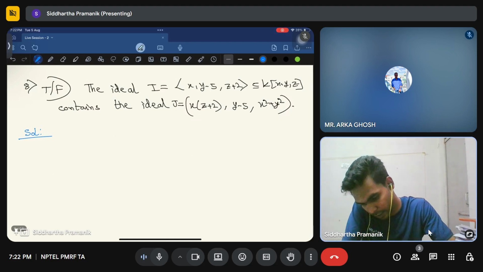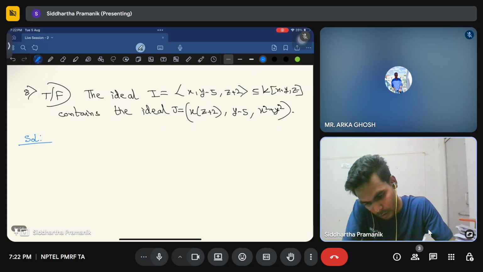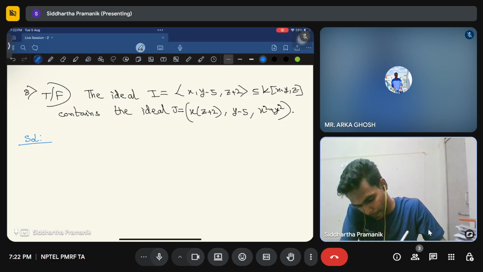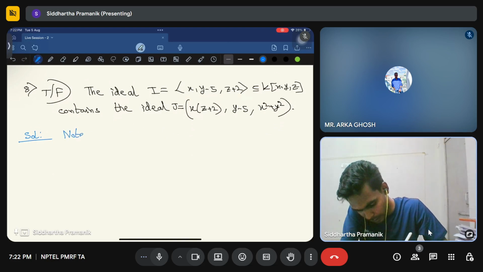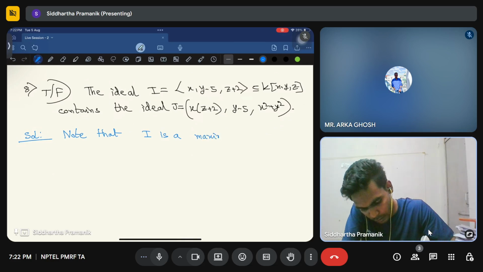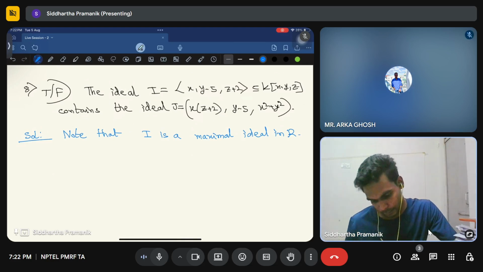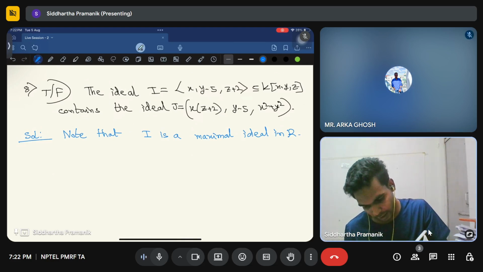What is the convenient way of doing this is, note that this I is a maximal ideal in K[x,y,z]. I hope that is clear. And what is the variety of I?